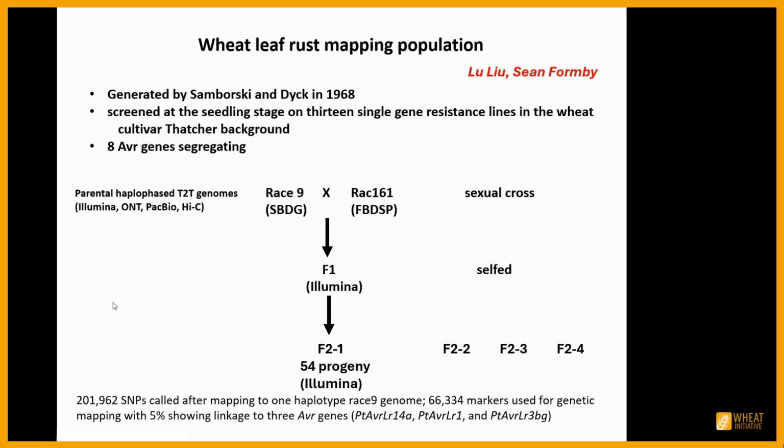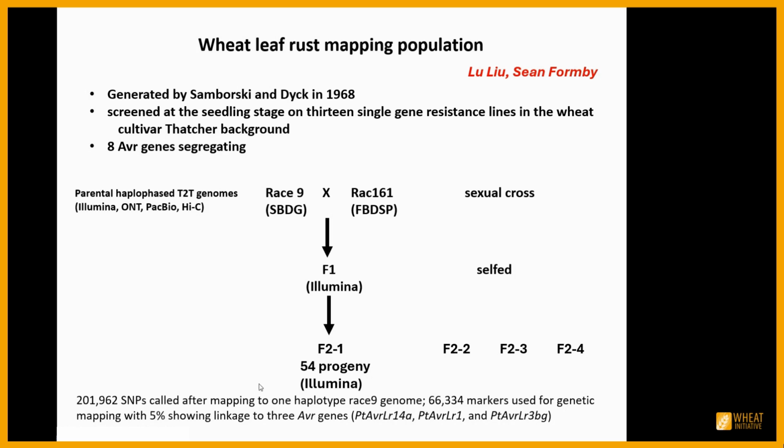We also work with a mapping population. This is an old mapping population that was generated by Szymborski and Dick in '68. It was revived by Brande McCallum and Barbara Mullock. And we have been sequencing all the progeny and the F1s, and now we also have haploid-based parental genomes of this race 1 and race 61 parents.